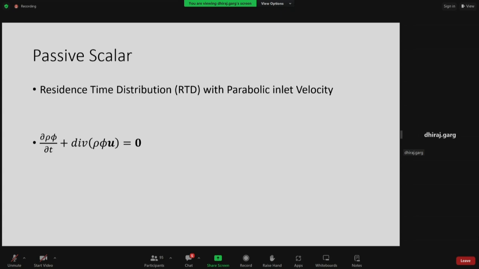One of the important things is that the residence time distribution concept is always a transient analysis, so the del phi by delta t term would always be there. What you do is inject full bore at the beginning. So the injection is always full bore, phi is always 1. At the outlet, you look at the first appearance of phi, how its value changes from 0 to 1, depending on continuous injection or impulse injection.